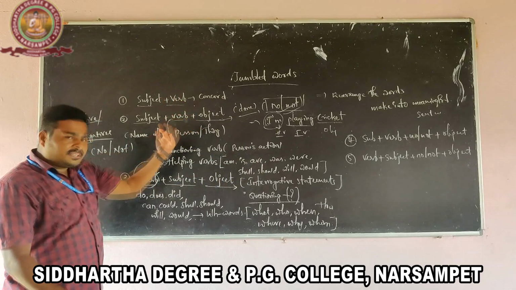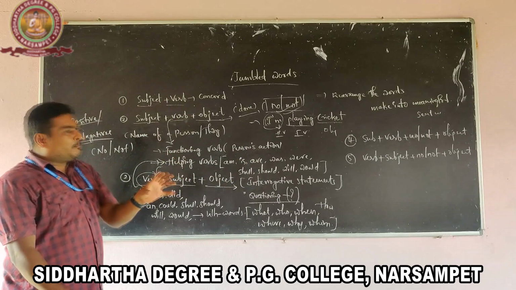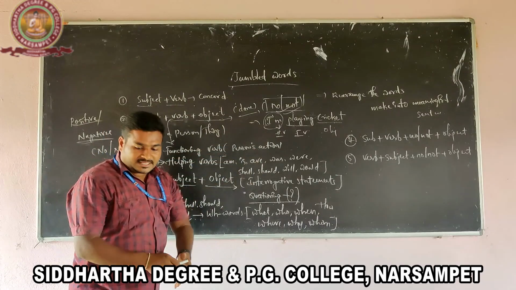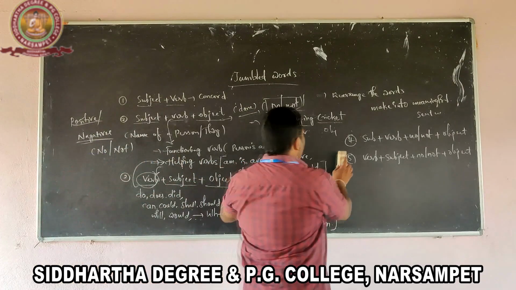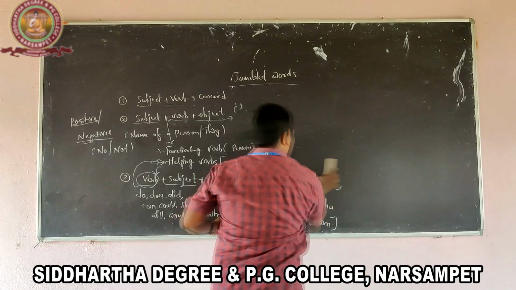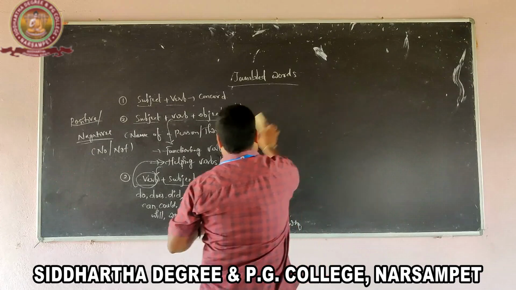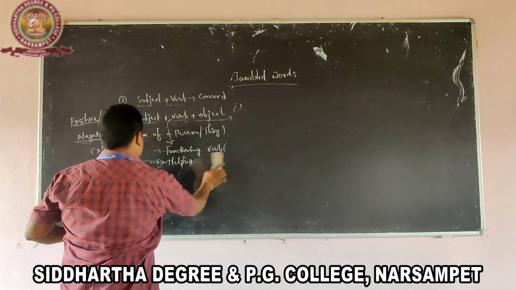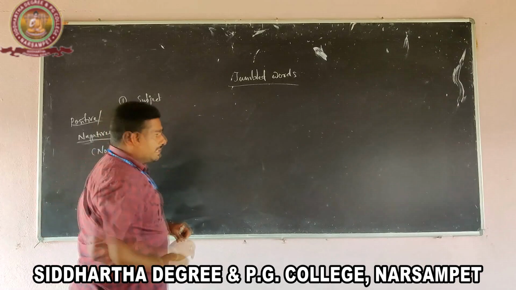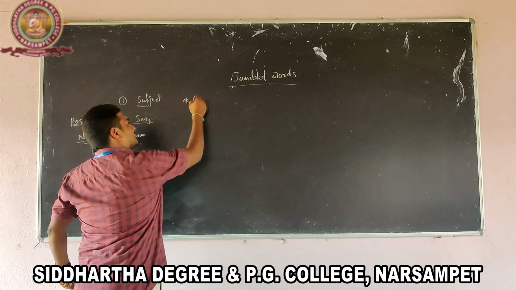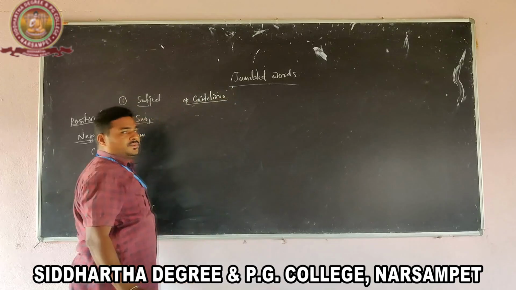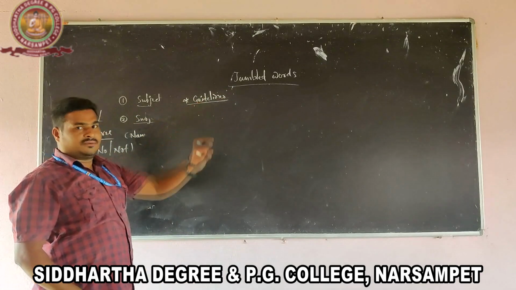After knowing all these structures, there are some basic guidelines to solve the jumbled words. So after this, we have to know the remaining guidelines. Just remember, all of you guys, these are very important and useful guidelines for solving jumbled words.